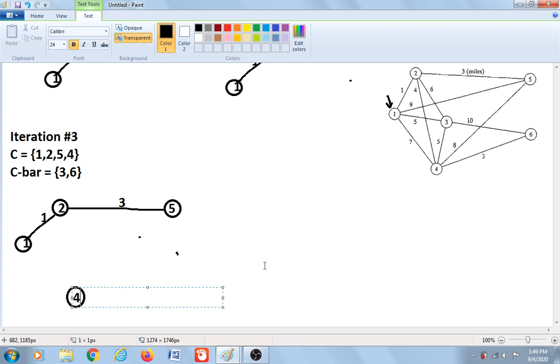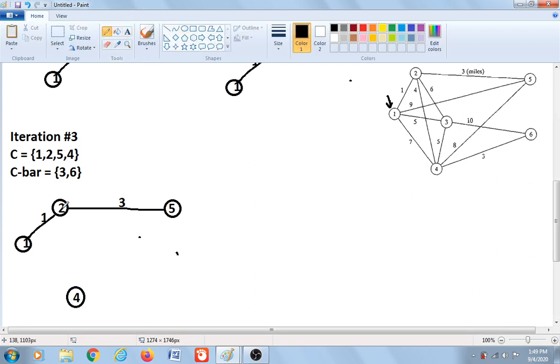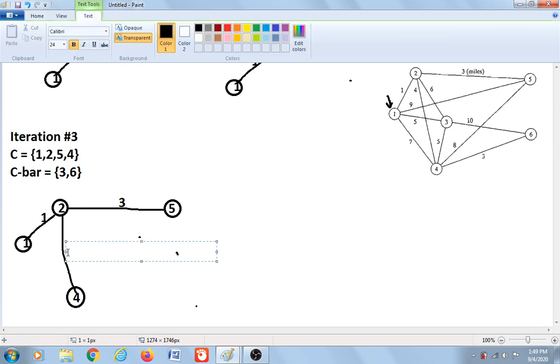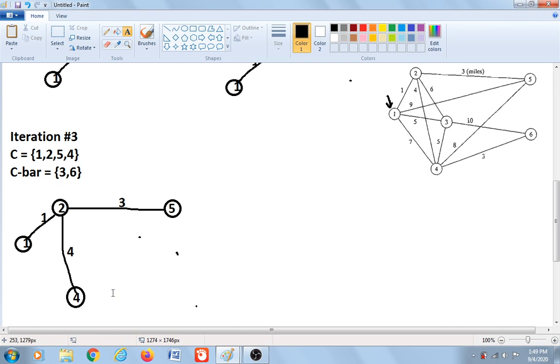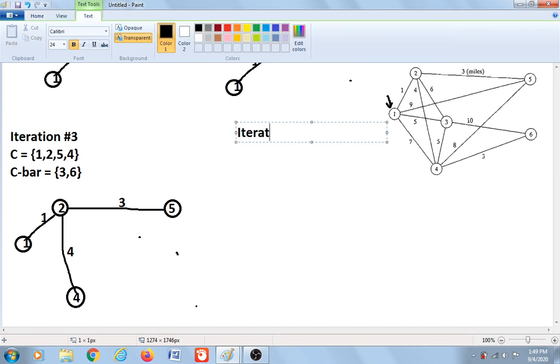Okay, and this is the connection, and the distance is 4 miles. Okay, now the next iteration, I need to do iteration number four. This is iteration 4.